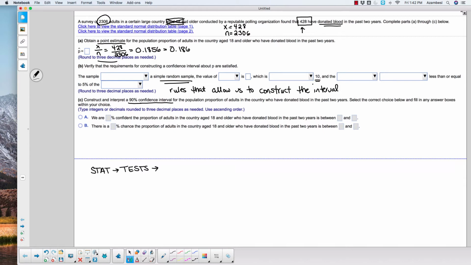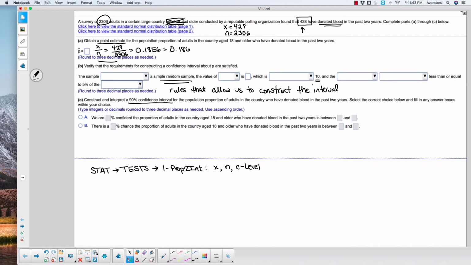Once you hit tests, the one we're looking for is a 1 proportion z interval. Later on we'll use some of the other ones. If you select this option, it asks you for your value of x, it asks you for your value of n, and it asks you for the confidence level.